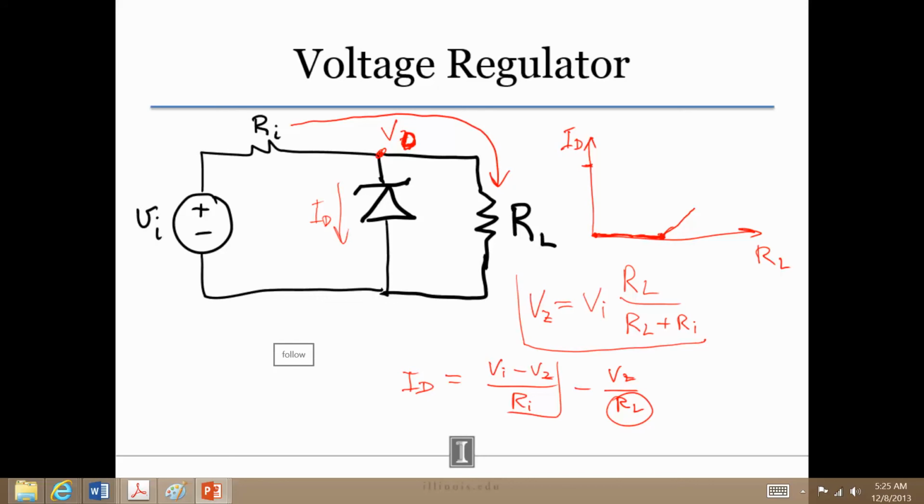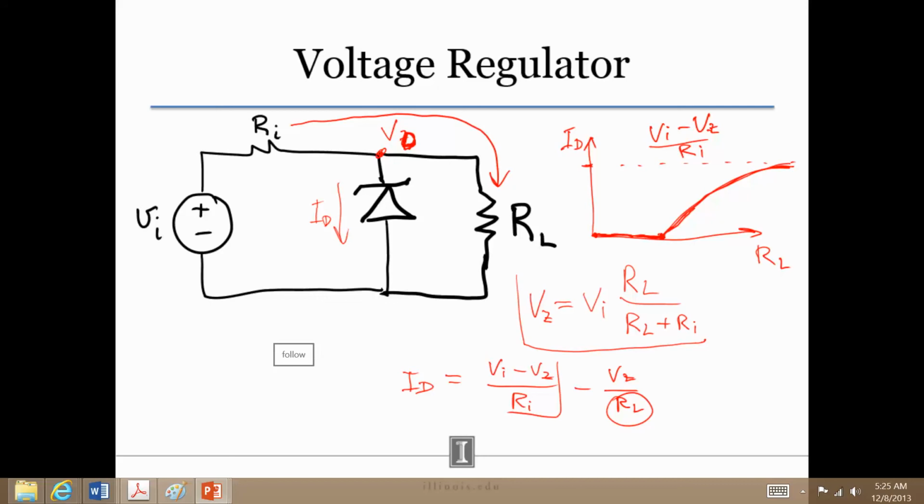Okay, so somehow it will approach asymptotically this value, the maximum value, VI minus VZ divided by RI.